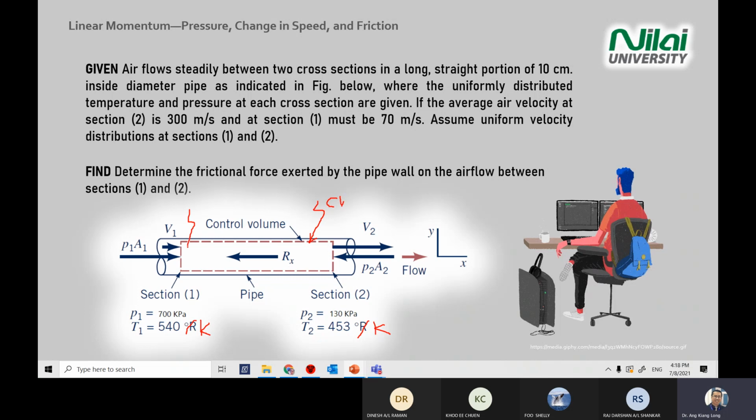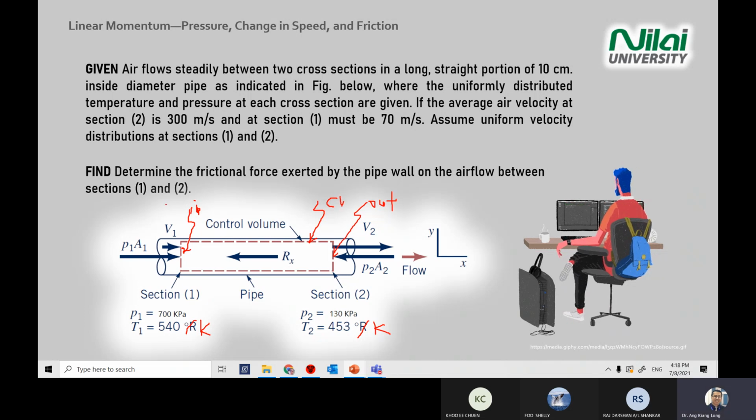Then you need to know where is your input, your in, and your output. Look for all this information when you solve problems, and you copy. If the question already gives you the control volume, then you just copy this diagram into your answer. You get 1 mark for the diagram.